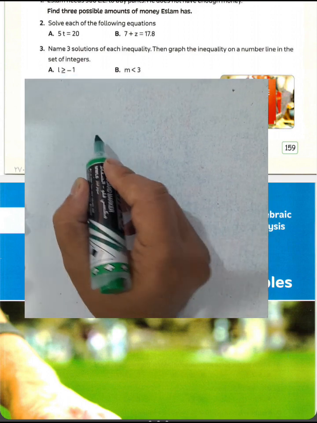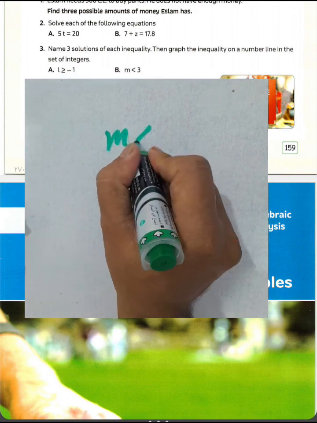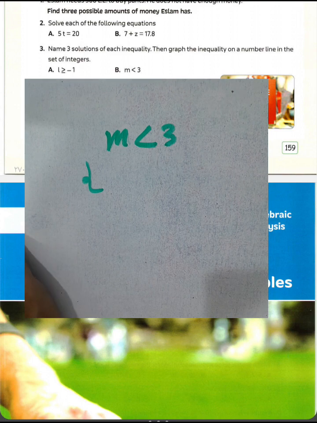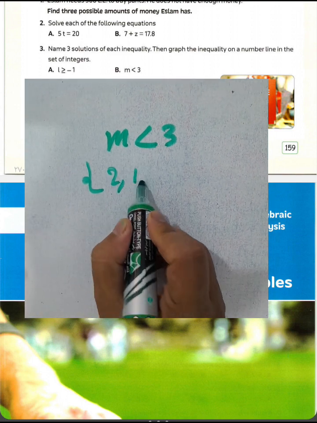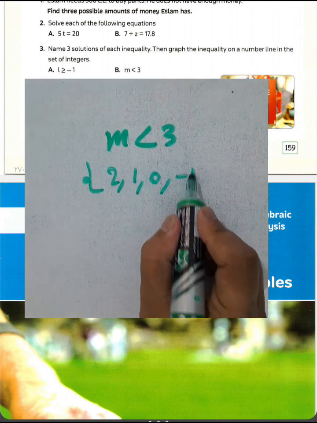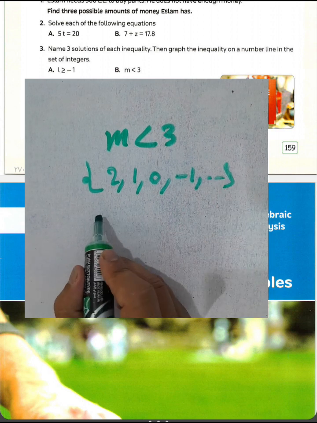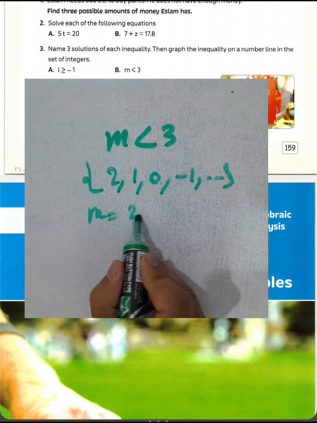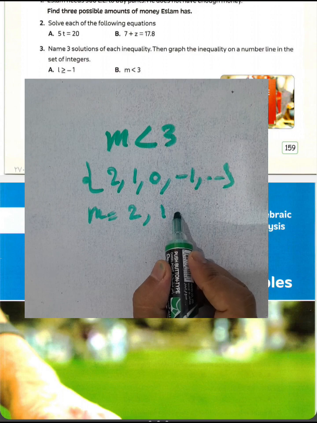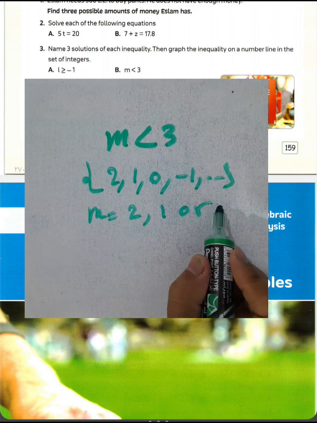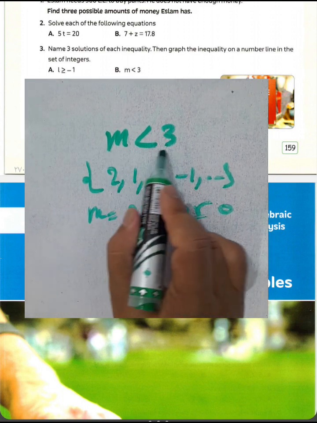Again, m less than 3. You can find the set of solutions. It will be 2, 1, 0, -1, and so on. Then m will be 2, 1, and 0, or any number less than 3.